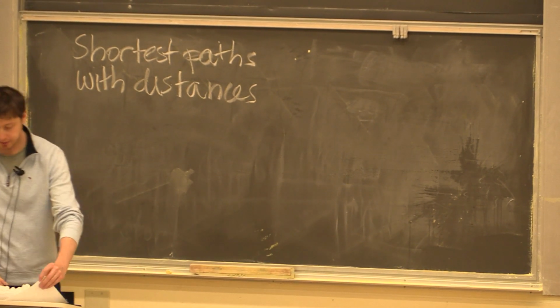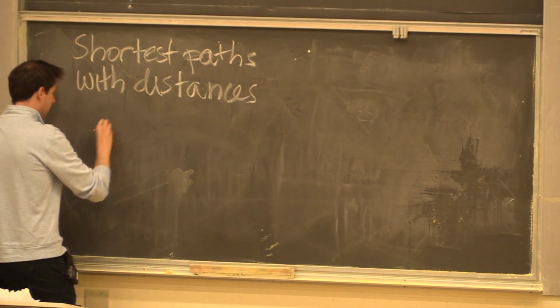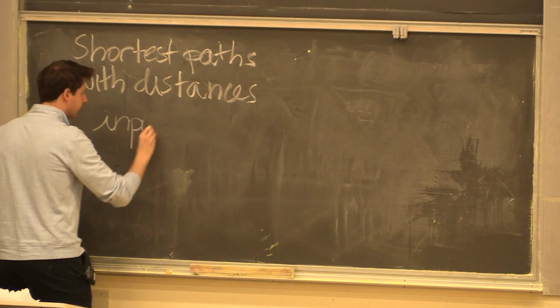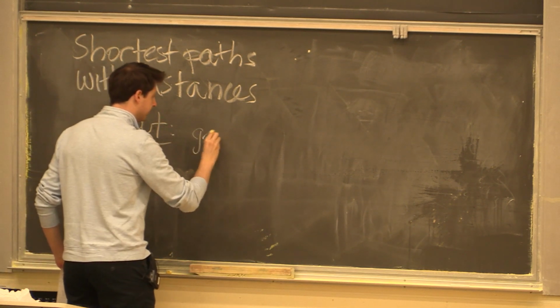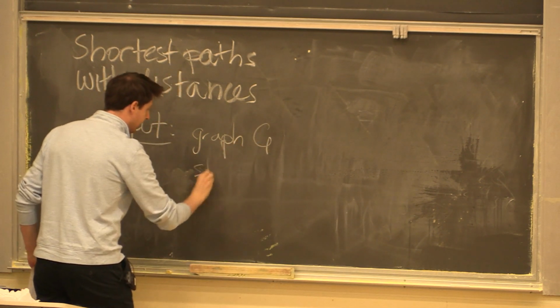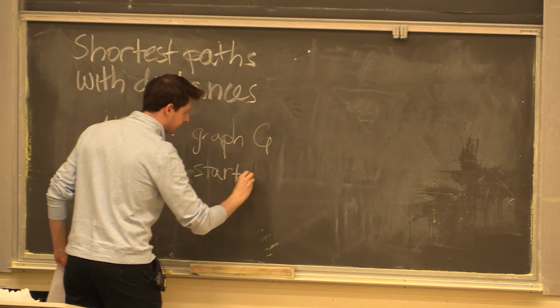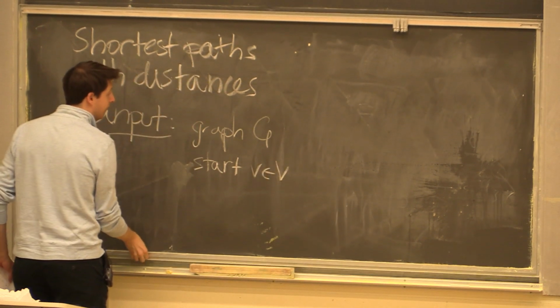Just to make sure that this problem makes sense. Our input now, before it was just a graph G and a start vertex V, but now we also have these distances.